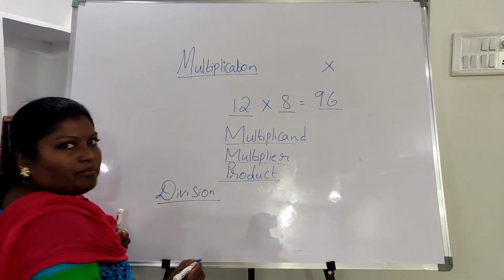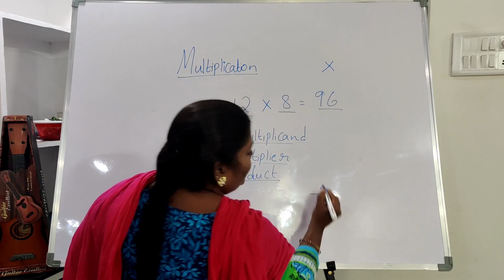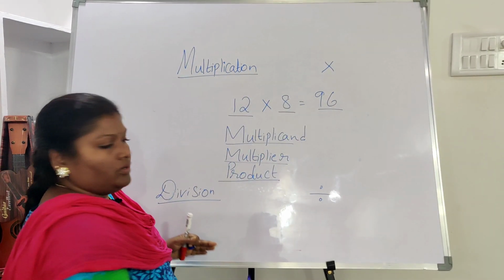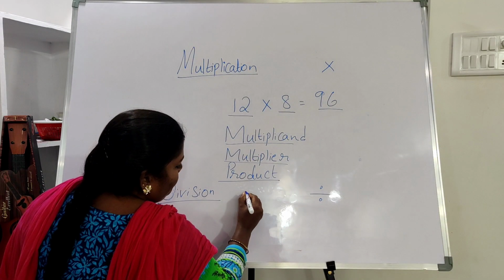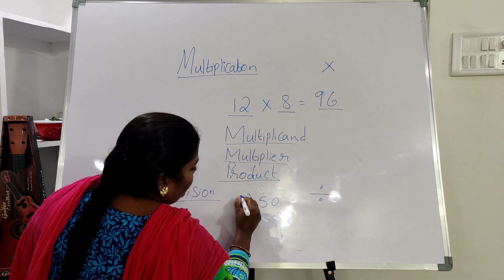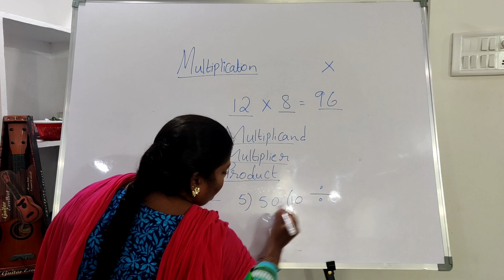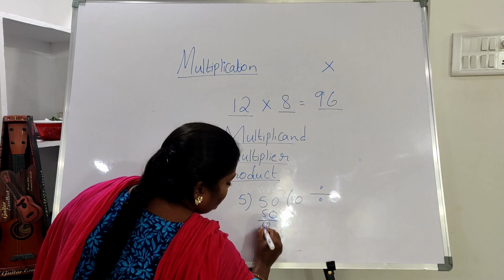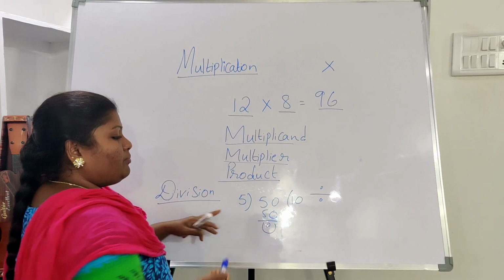The division symbol is a horizontal line with a dot above and below. Let me take an instance, 50 divided by 5. Here you can see that 50 is divided by 5.